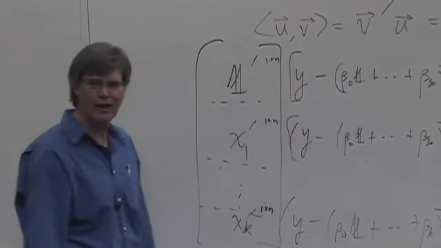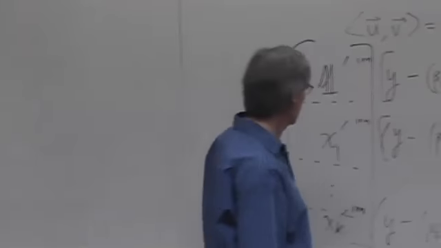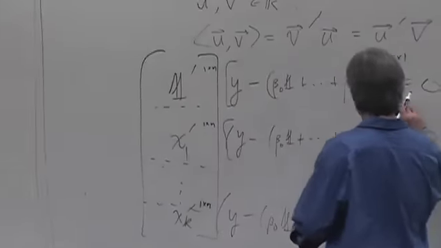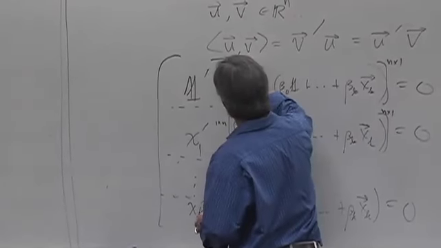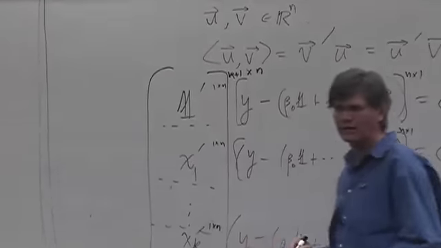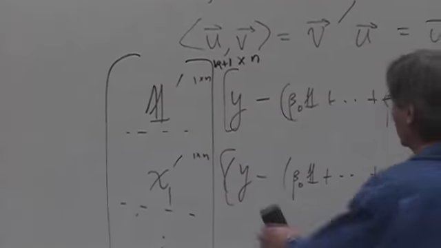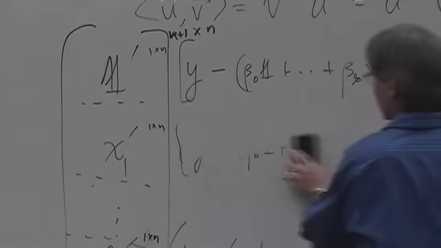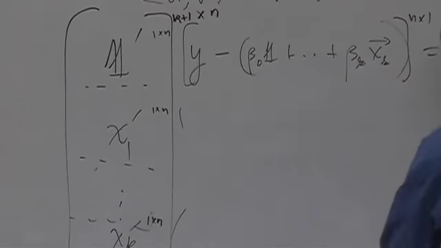Okay? I have now k plus 1 rows. And I can eliminate all these things. That's now a k plus 1 by n matrix. Okay? Times an n by 1 gives me a k plus 1 by 1 column of zeros.